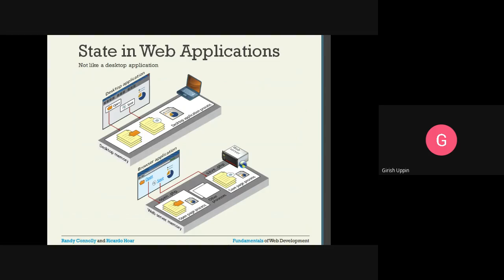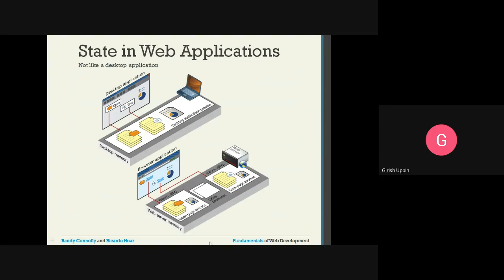If he is making a payment, we have to know that this particular user is using his own cart, making the payment and accessing his information. In order to do that, we have to understand what the state is.